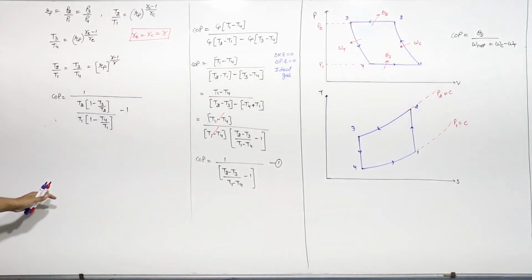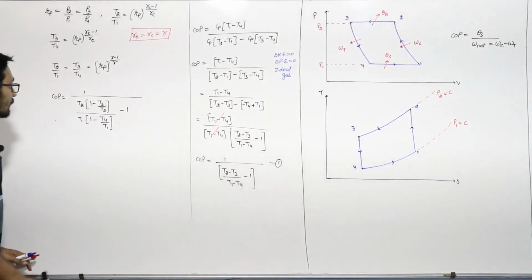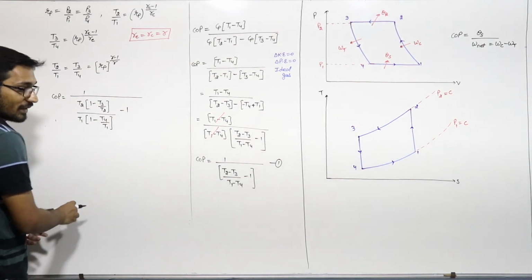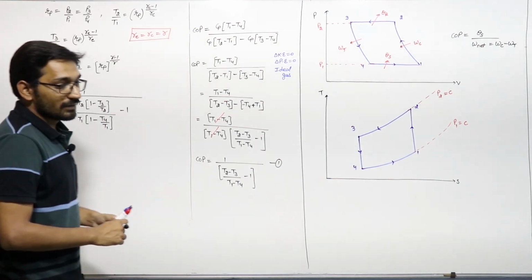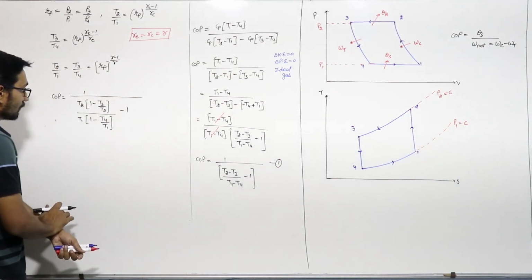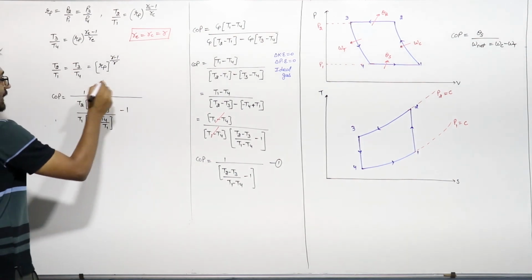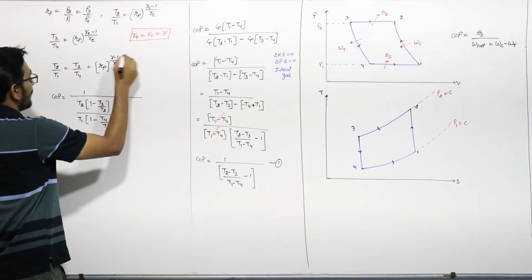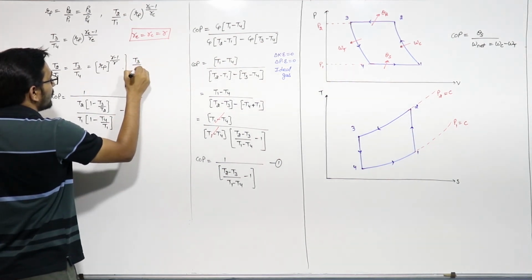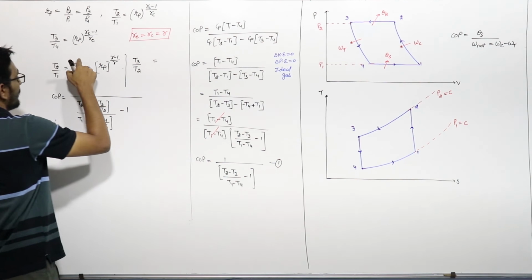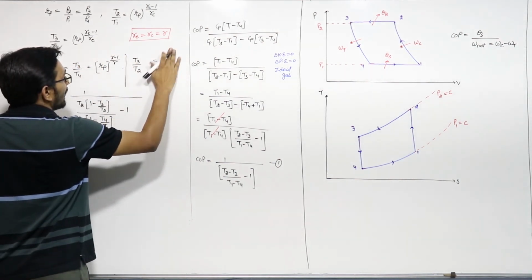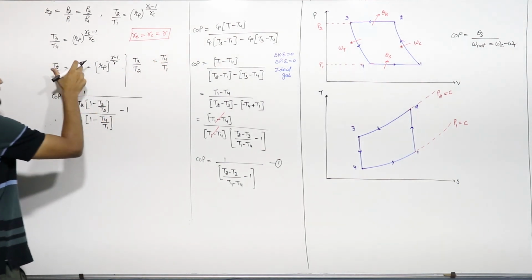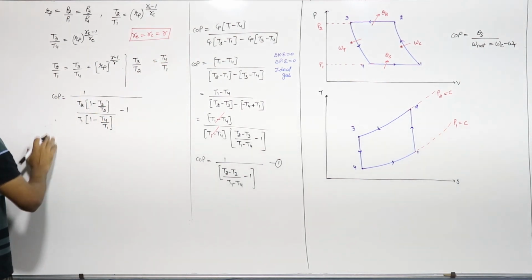Now if you solve this, we can say that T3 by T2 is equal to T4 by T1.